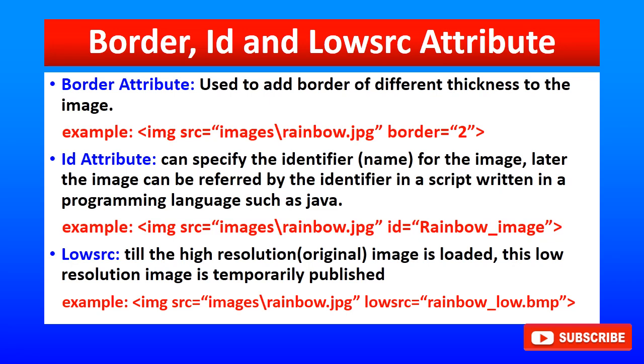Next attribute is ID attribute. With the help of the ID attribute, you can specify an identifier, that is name, for the image. Later, the image can be referred by the identifier in a script written with a programming language such as Java.